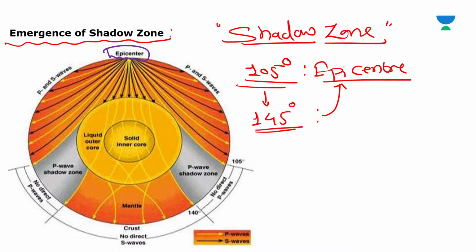The area of the P and S waves, then the liquid outer core, solid inner core. So this is the P shadow zone. Yes, this is the P wave shadow zone.